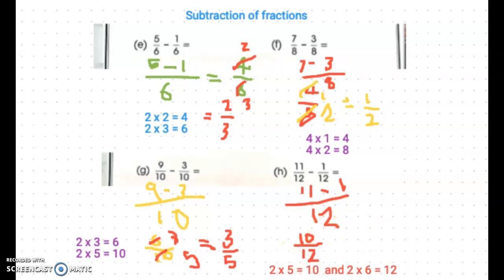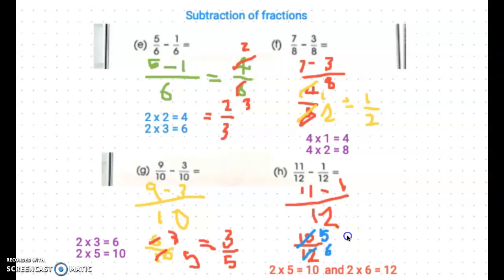So that means I will cut 10 and write 5, and I'll cut 12 and write 6. Okay.